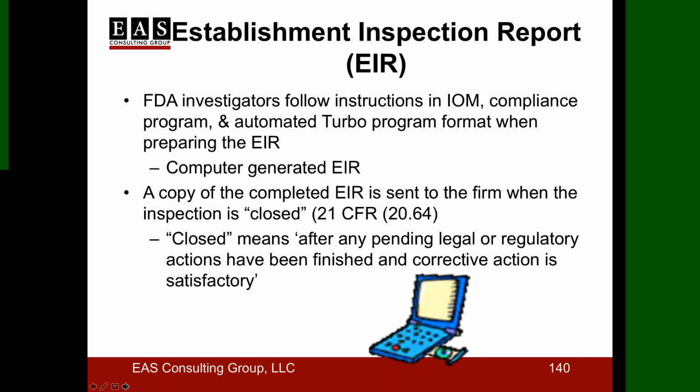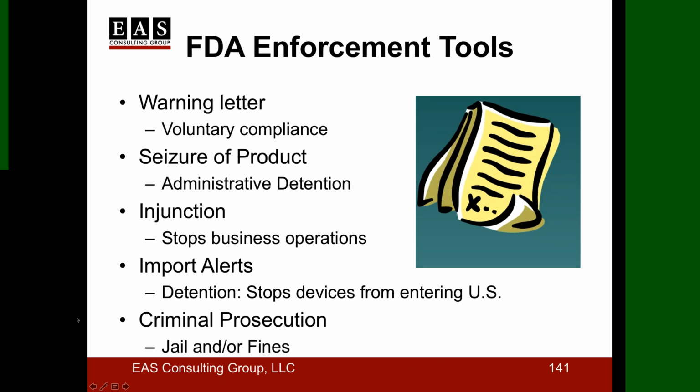So again, the inspection is not done, closed, until the firm receives the report. If it's basically open, it's going to the compliance group or compliance officer, and he or she is making the decision.